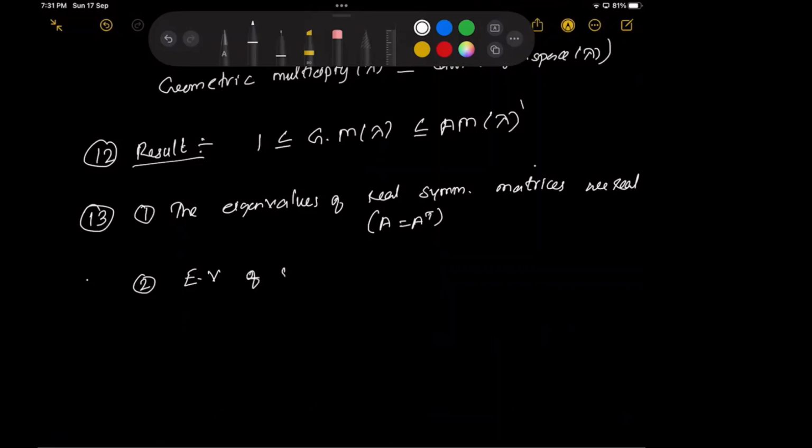And the second one is, eigenvalues of skew symmetric matrices are either purely imaginary or 0. So what is a skew symmetric matrix?